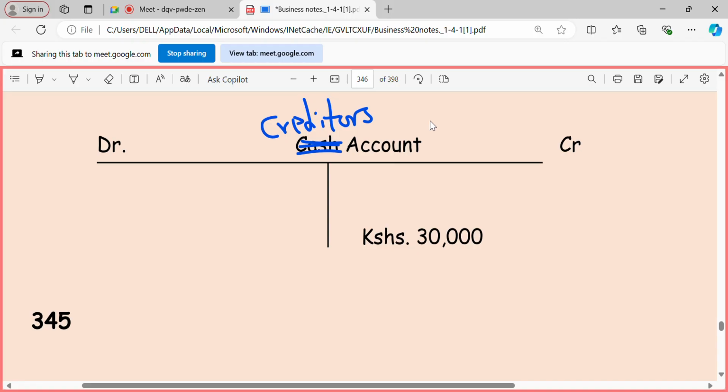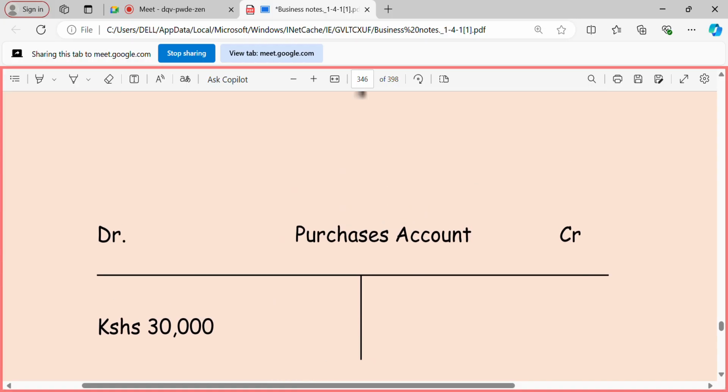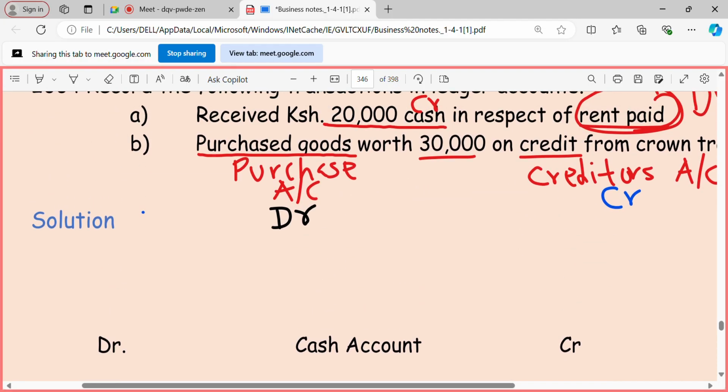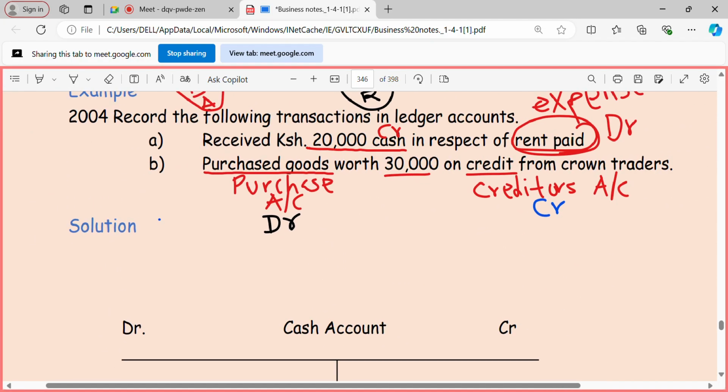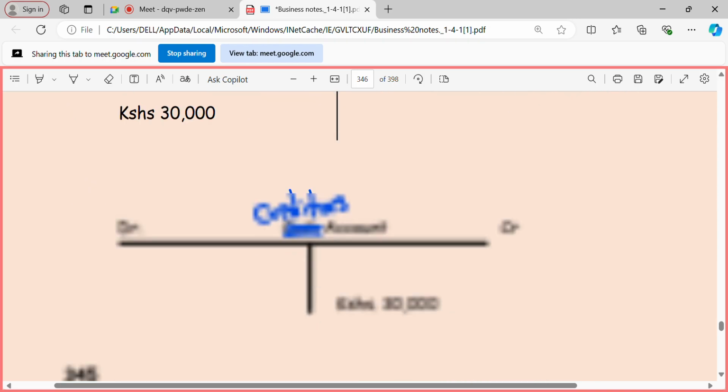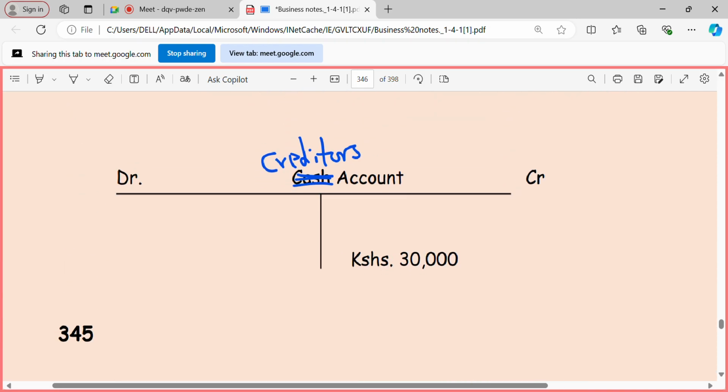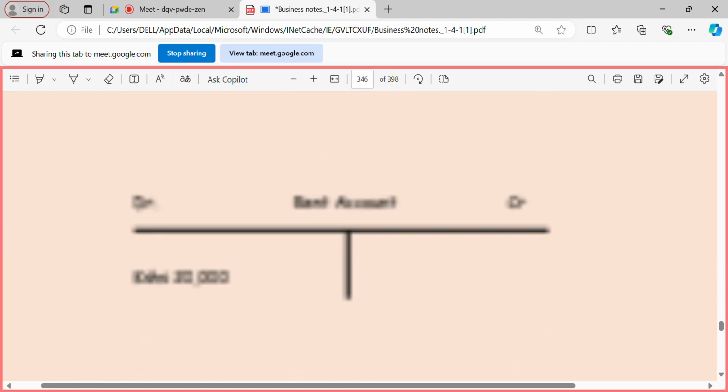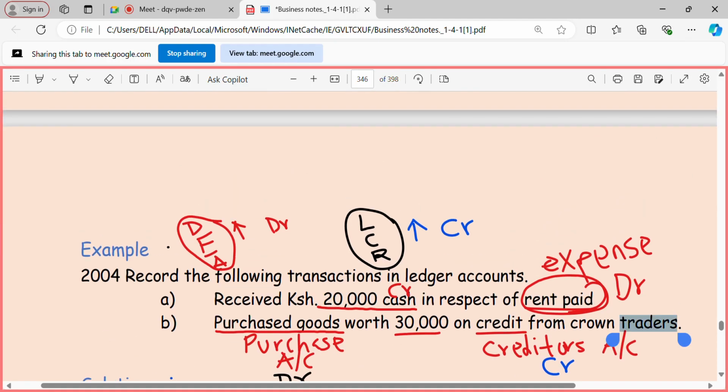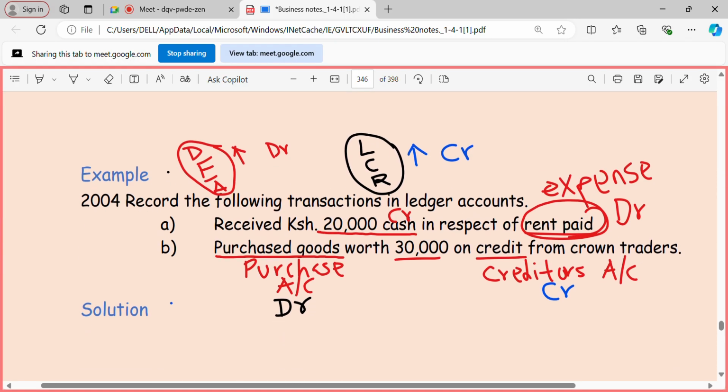So purchases account. Of course you're going to debit that amount, purchases account, and this one they have decided to write it as cash, but the creditors would be much better. Okay, creditors account. But cash still makes sense, because the day you pay that debt, pesa zako zitapungua.